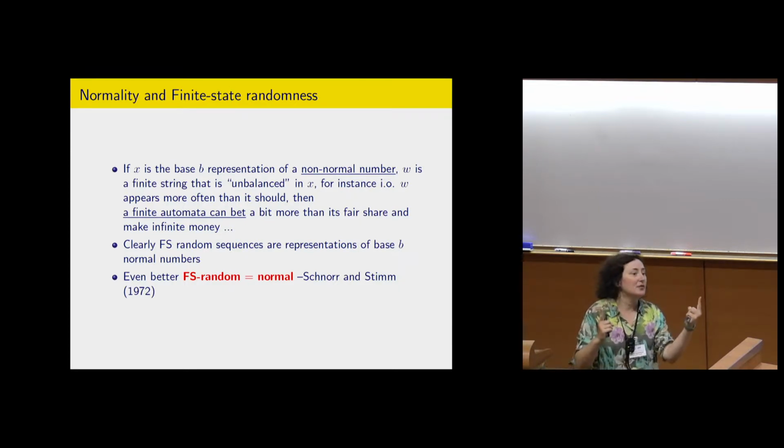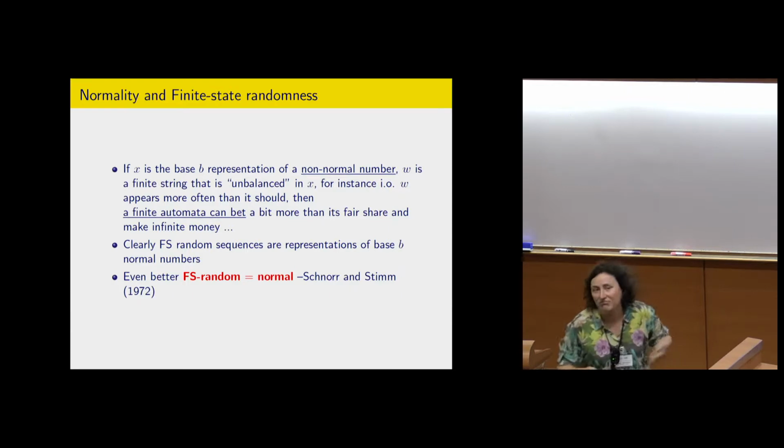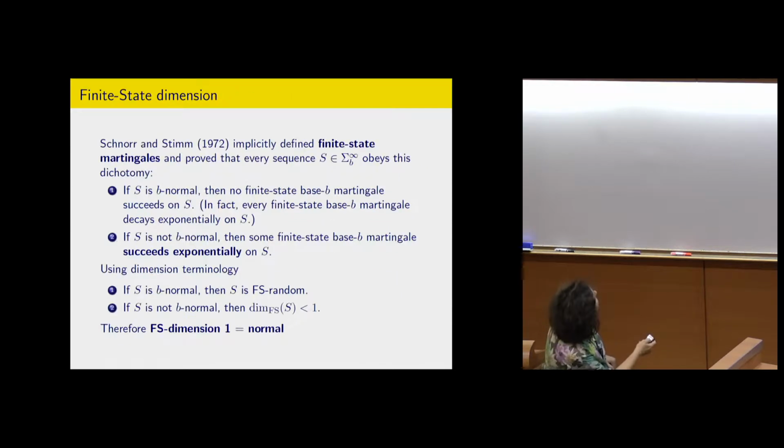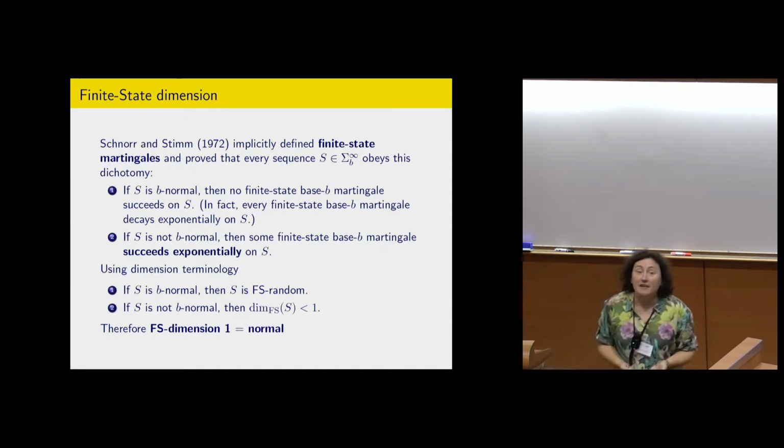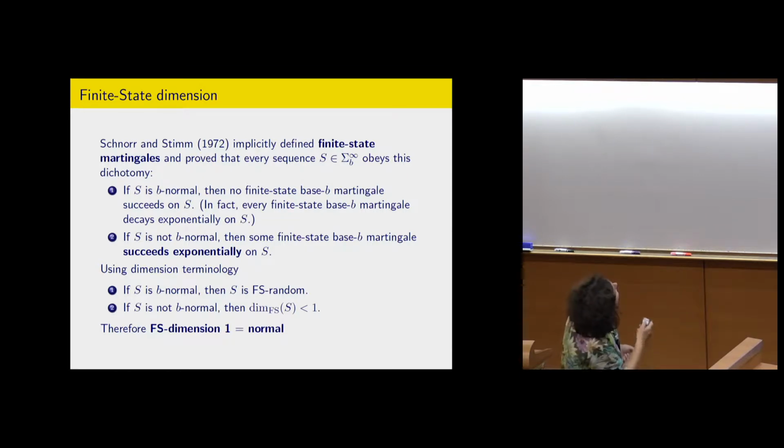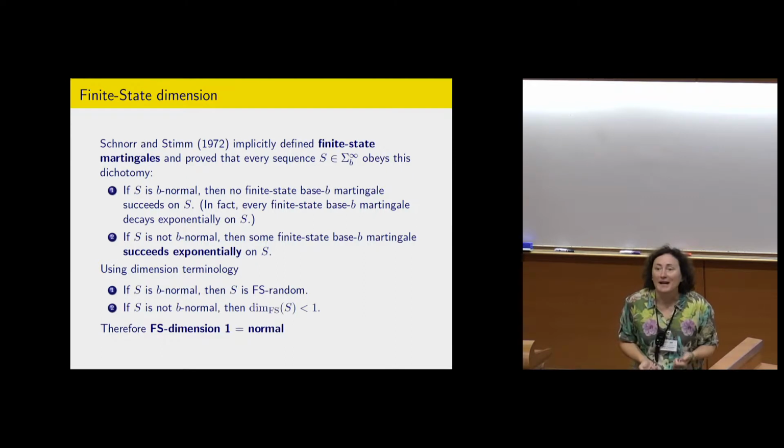Because it's just a finite string, you just need enough states in the automaton to follow this W and count. Well, there are ways to do that. And also, this paper by Schnorr and Stimm, they don't only show that normality corresponds to finite-state randomness. They show far more, actually.